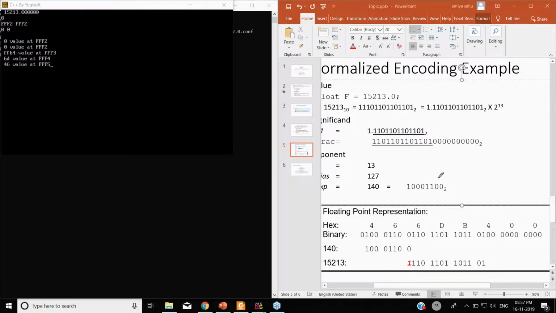So by this implication, we understood that the computer actually stores it like this. It has to convert into a normalized format like this. It will take the fractional part of it and put it here. This is the fractional part.